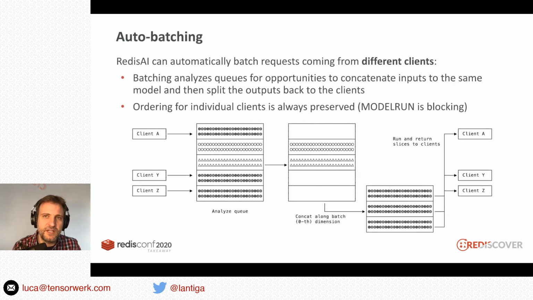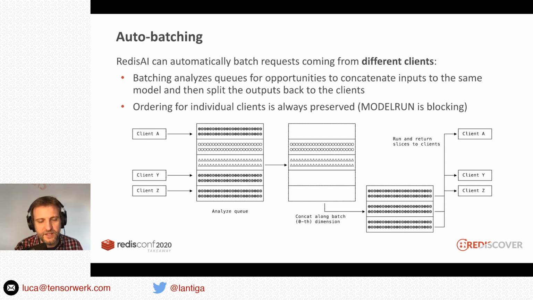Like several others deploying in runtime, RedisAI can also do dynamic batching. So it analyzes the queue of requests and takes out the requests in the queue that can be batched up to a maximum batch size and executes them at once, because this is more efficient.